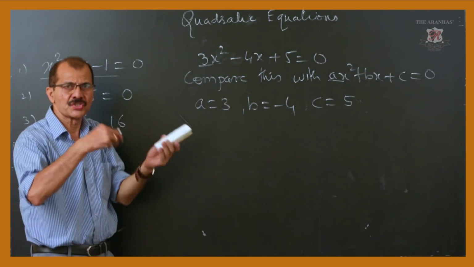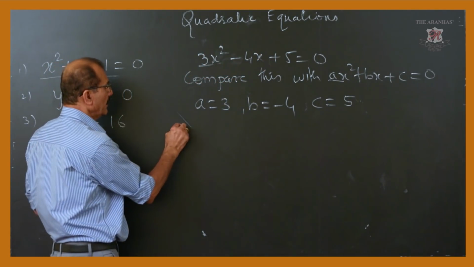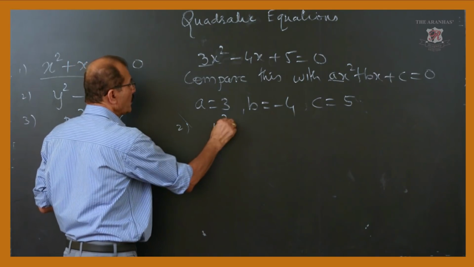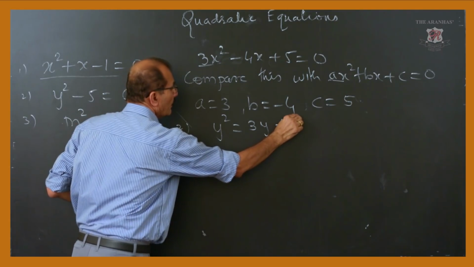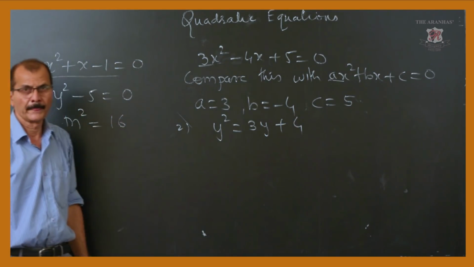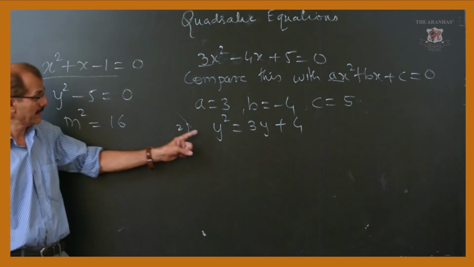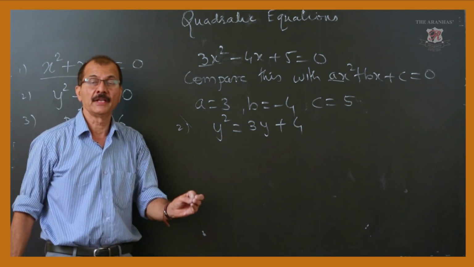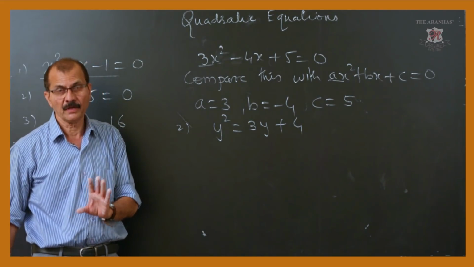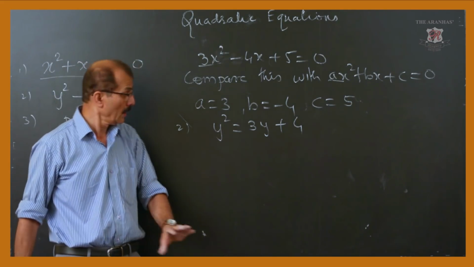Now, they may change. For example, say y square is equals to 3y plus 4. They will ask you to find the values of a, b and c, or find the constant.